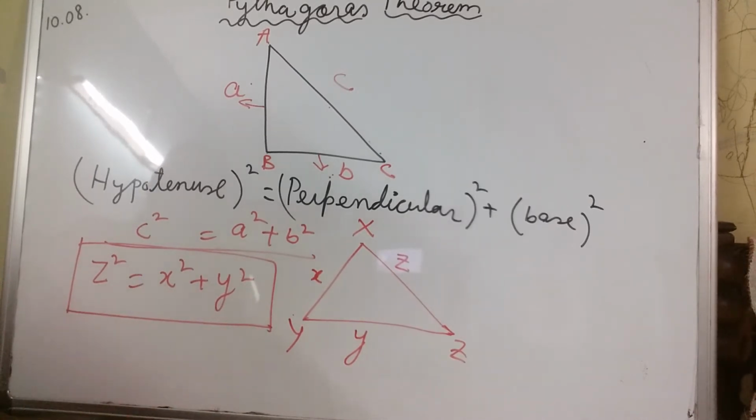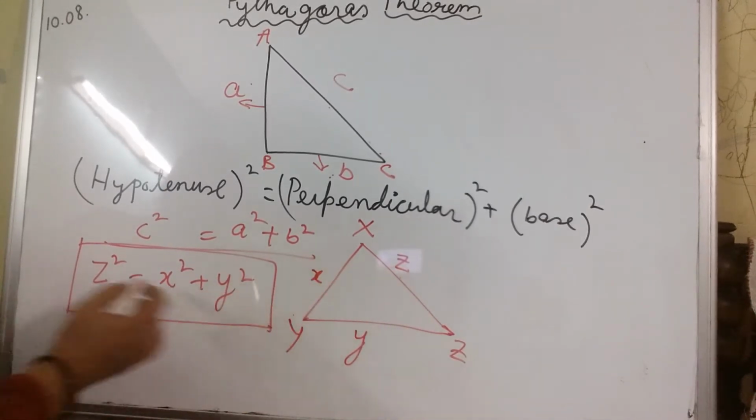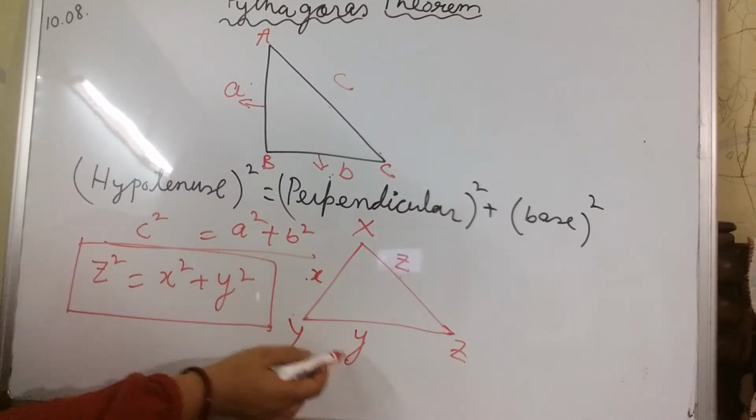Only this condition is given: XYZ is a triangle whose Z square equals X square plus Y square.